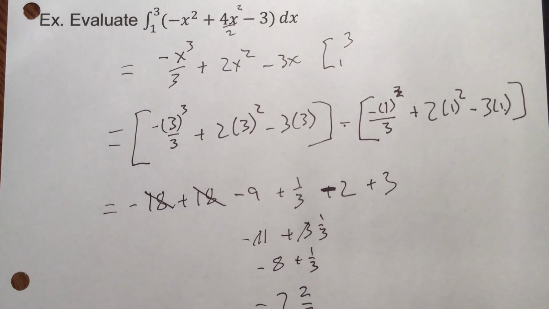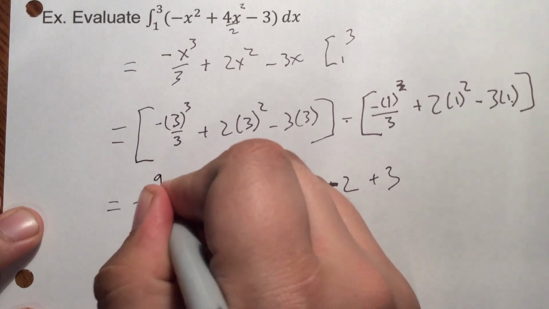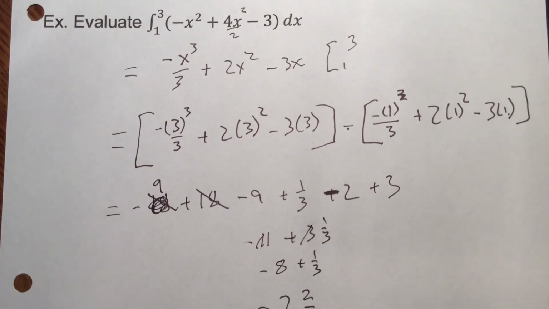But I got something different on my homework, so maybe I have a typo there. Oh, yep, I have a typo. That's my bad. No, I don't. This should be 9. That was my bad. I got ahead of myself.